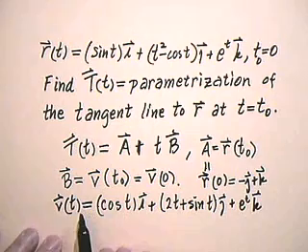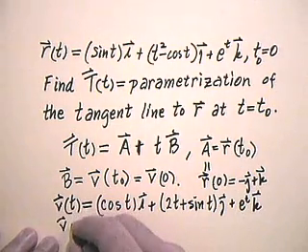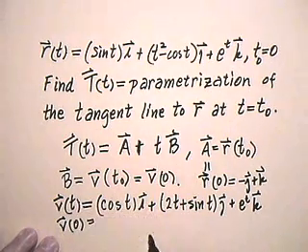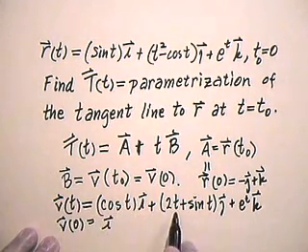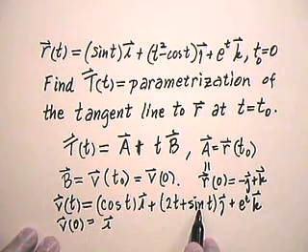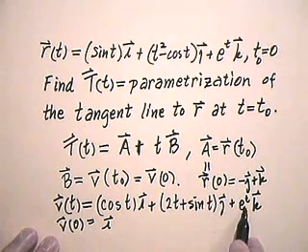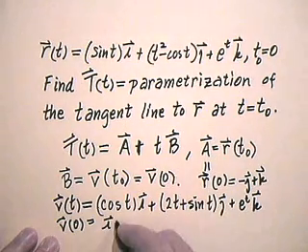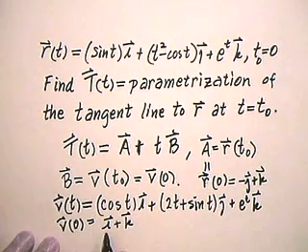What's going to happen when I put t equal to 0 to get the velocity at time 0? Cosine 0 is 1, so we get i. 2 times 0 plus sine of 0, well, sine 0 is 0, so that is all 0. e to the 0 is 1, so we just get k. So our velocity at time 0 is simply i plus k.